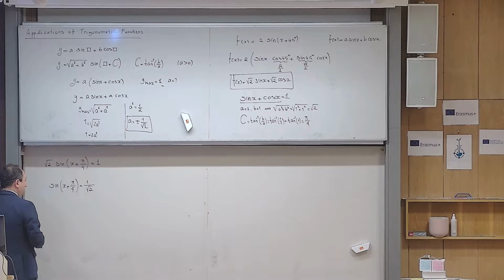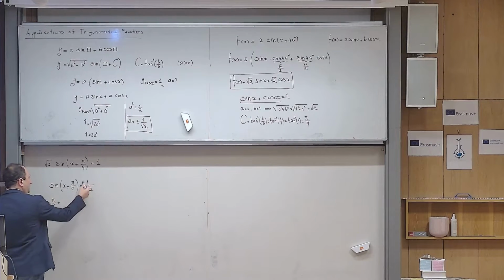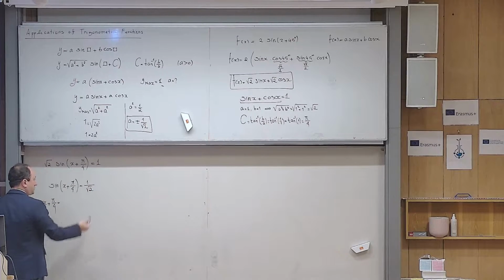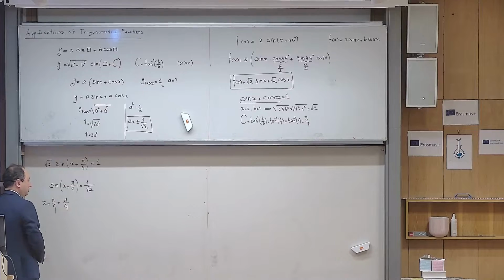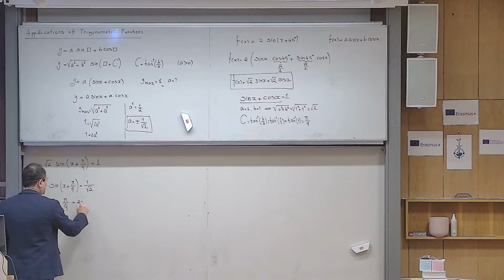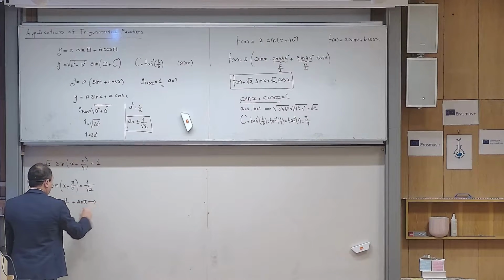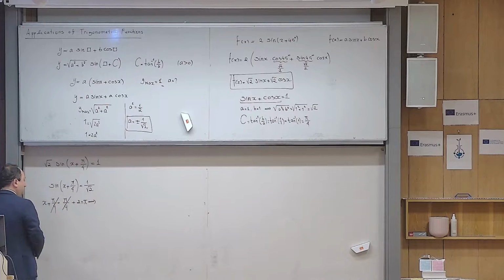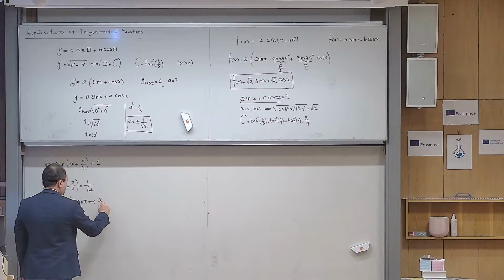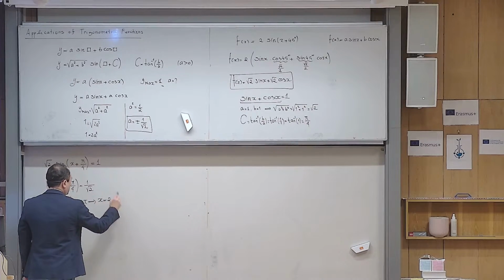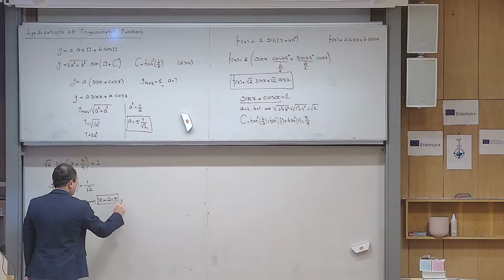So I have two options, yes? Either x plus pi over 4 is equal to sine inverse of that. This is a famous number. Sine inverse of that is 45 degrees or pi over 4 plus 2n pi. But then this pi over 4 and that pi over 4 cancel, so x becomes 2n pi. This is one option that I have.